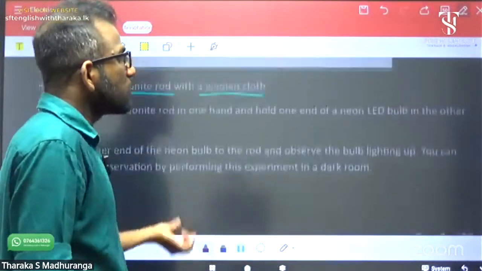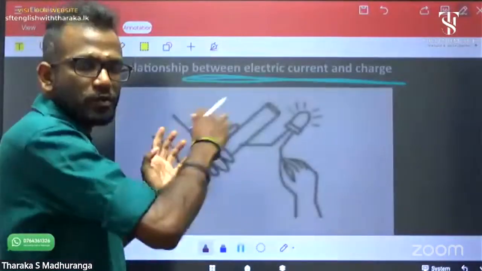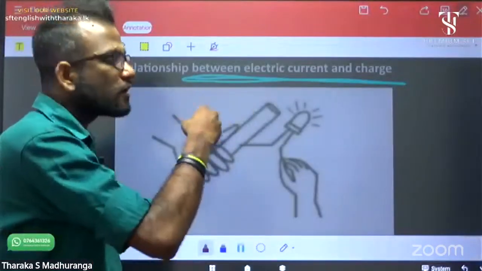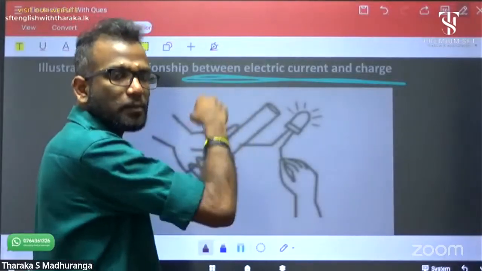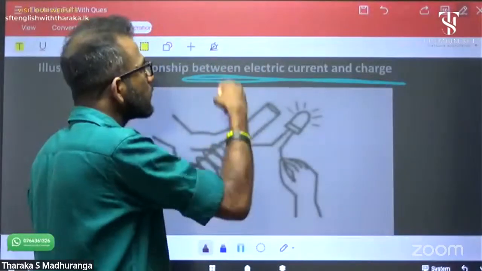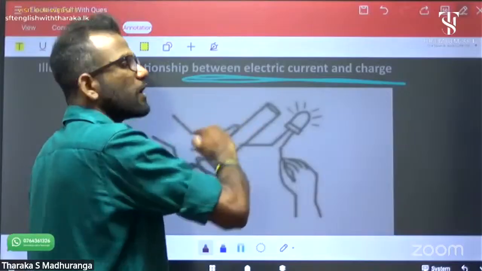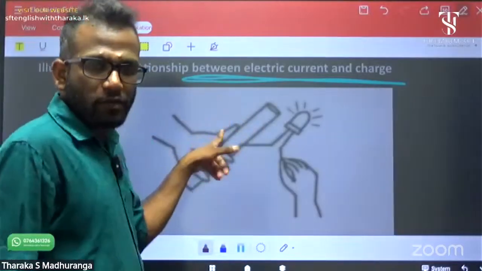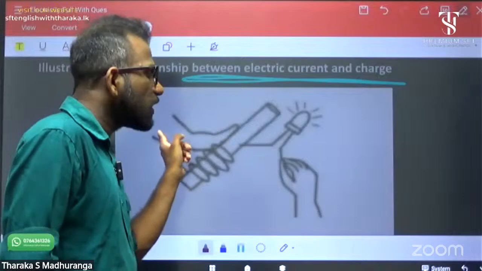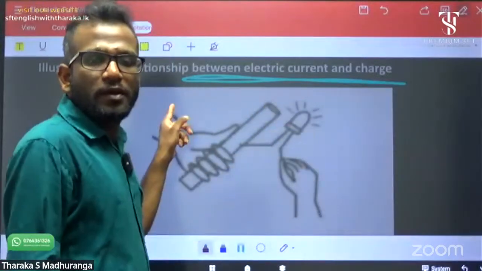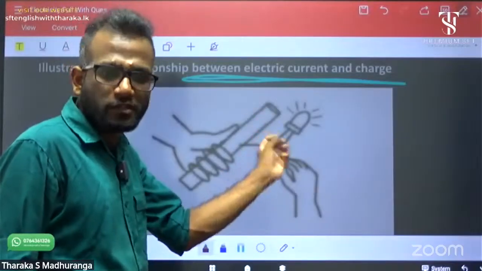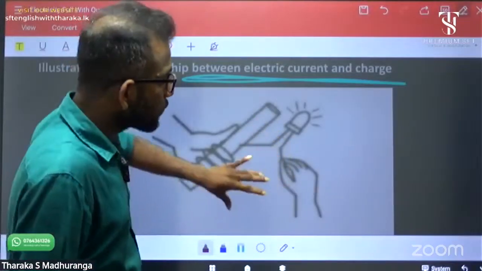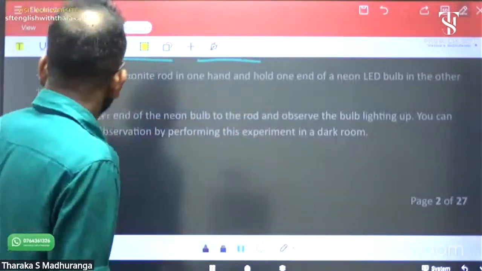What is the reason? Due to this rubbing, a charge is generated, and due to this electric force, free electrons form on the ebonite rod. Due to that, these free electrons move through our bulb, and for a very small time it glows. It's not continuous glowing, it's only a very small time.